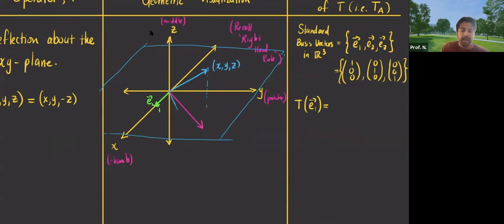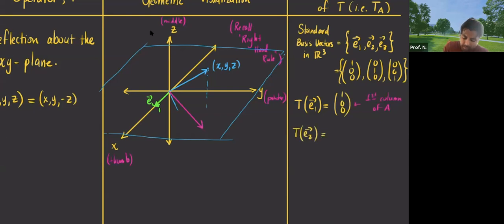Don't I get the same thing back? So I get 1, 0, 0, because only the Z coordinate is negated and everything else stays the same. So that's the first column of A.